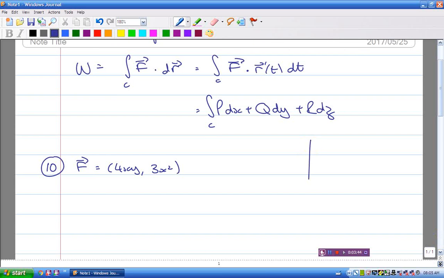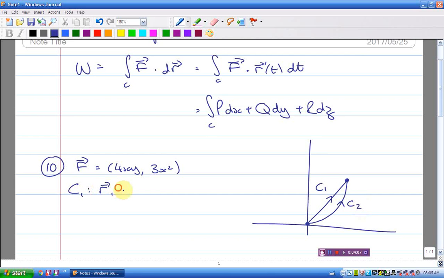Okay, so I'm going to work along two different paths. There's the line segment, but then there's also the piece of parabola. I'm going to call the line segment C1 and the piece of parabola C2. Okay. C1, let me parametrize it. It's going to simply be t, t, where t goes from 0 to 1.